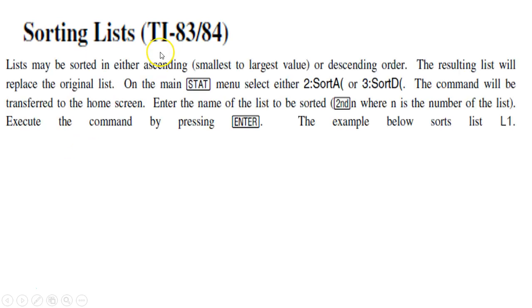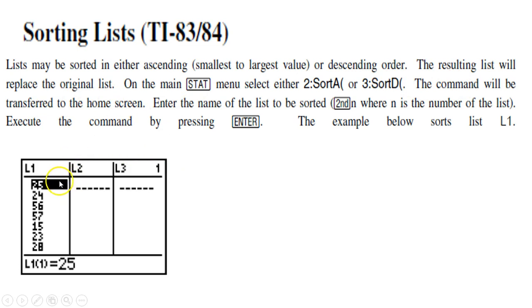All right, sorting lists. Lists may be sorted in either ascending or descending order. The resulting list will replace the original one. So on your main screen, you press Stat, and then there is a sort A for the second thing, or sort D for ascending or descending, and the command will be transferred to your home screen.